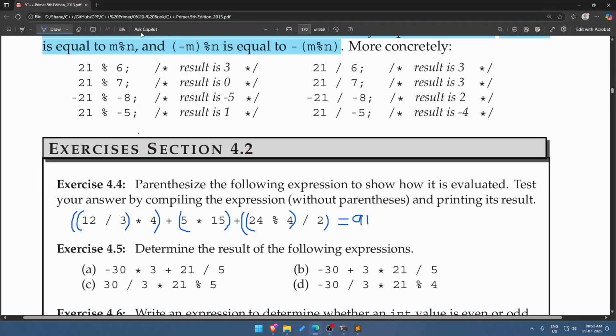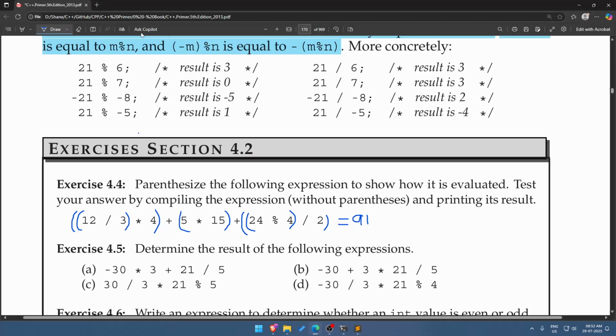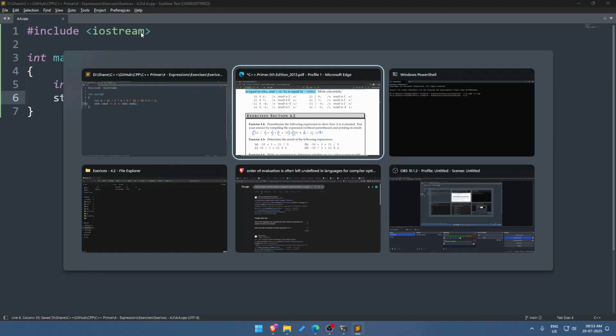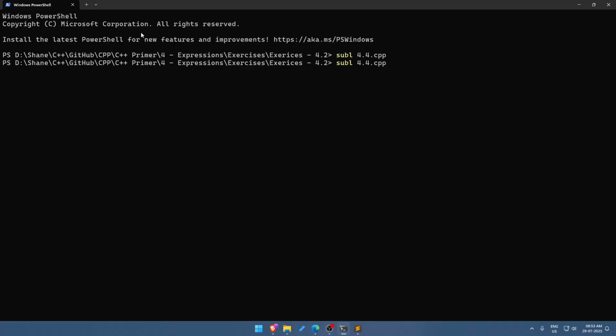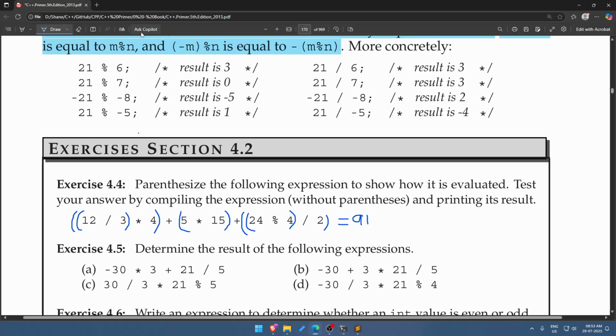Then we have 24 mod 4 divided by 2. Right. Okay. So that is correct.